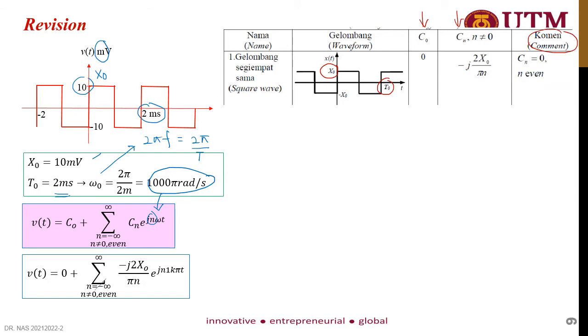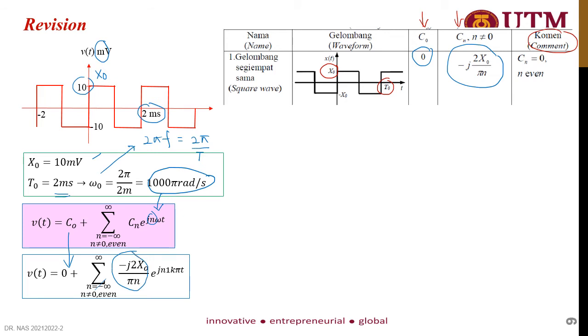Then you replace all the values you have. For example, C naught here is 0. And then Cn is replaced by this equation, negative j 2x naught over pi n, e^(jn 1000 pi t). So next you need to calculate the Cn.